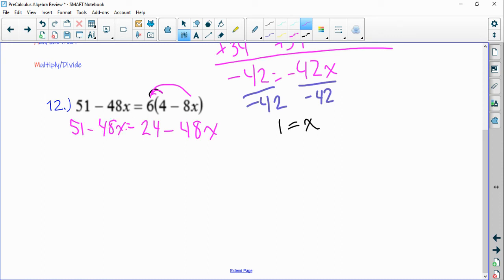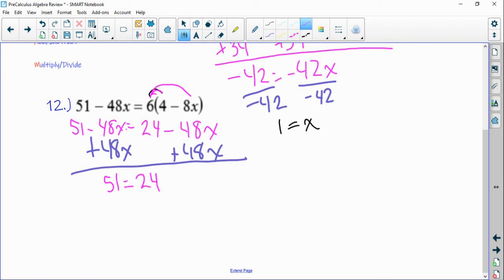We're going to move one of those. And it doesn't matter which one you move. Since they're both negative, I'm going to do a positive. And they just so happen to be the same number. Ooh, so what happens to my x? It is gone. It disappears. So I have that 51 equals 24. Does 51 equal 24? No.